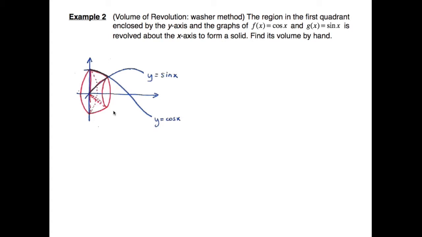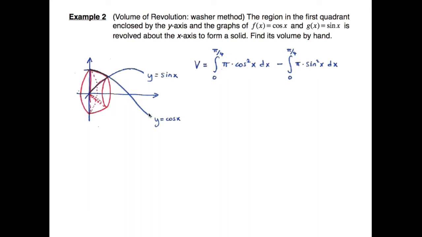To find this volume, what we do is we actually find the volume of this entire block, and then we subtract the volume of this cone-like shape inside. The volume of the entire block is the integral from 0 to pi over 4 of A times dx, so A being pi r squared, pi times f of x squared, and f of x is in this case cosine x because we are studying the function that is above.